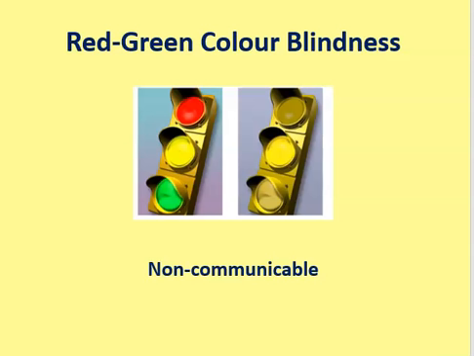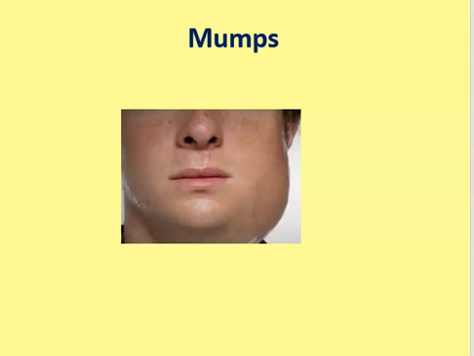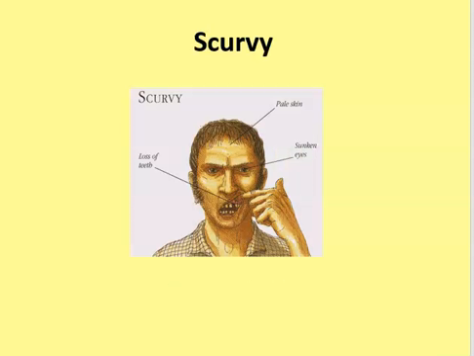This is to do with your genes. So if you are red-green colourblind, it is because of genes that you have inherited from your parents. Mumps. Mumps is communicable. It can be passed on from person to person and it is caused by pathogens.